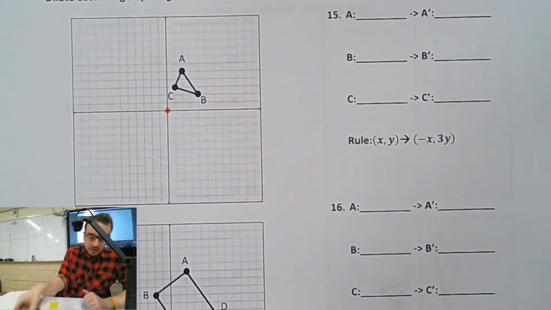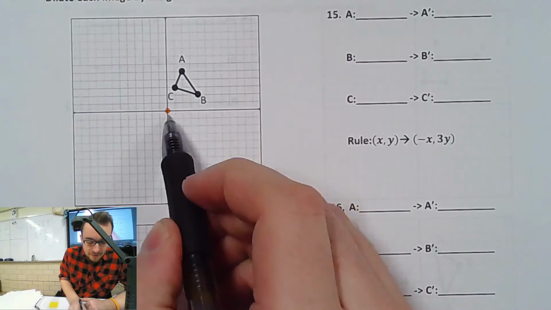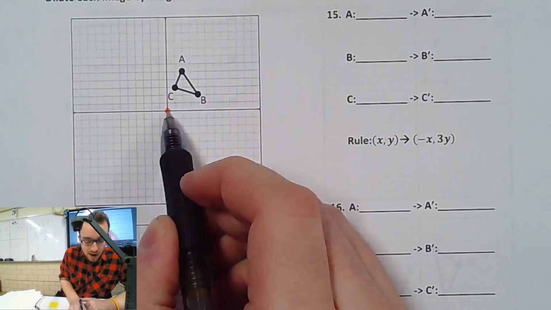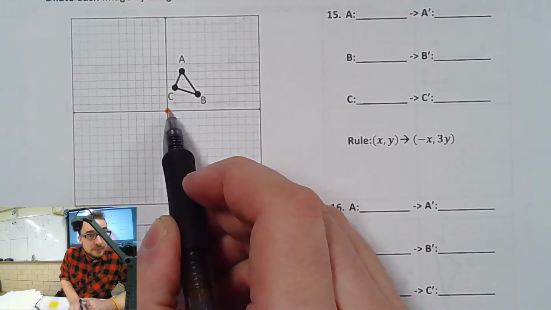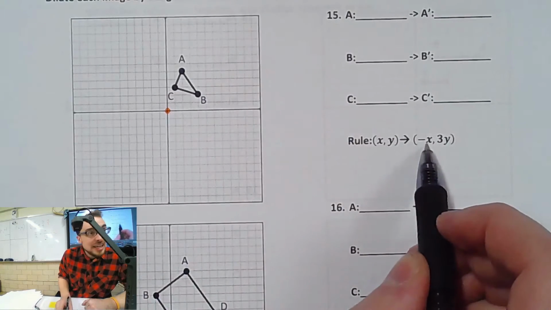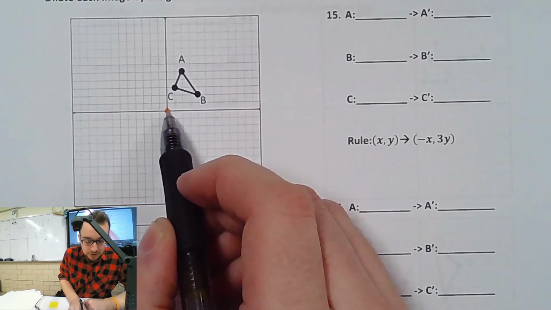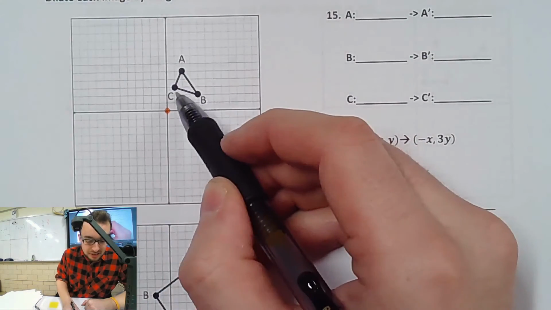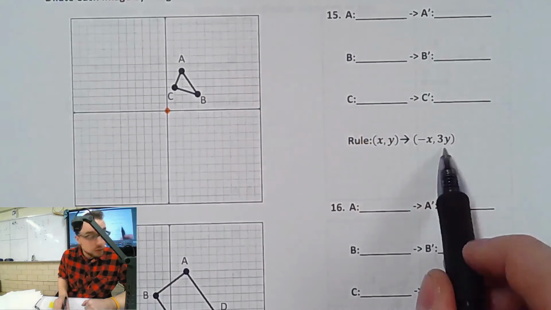So that means, look at C. How far is it away from the origin horizontally? 1 horizontally. But we're going to negate it. So instead of going to the right one, we're going to the left one. C is 3 vertically. But we want to triple that, don't we?